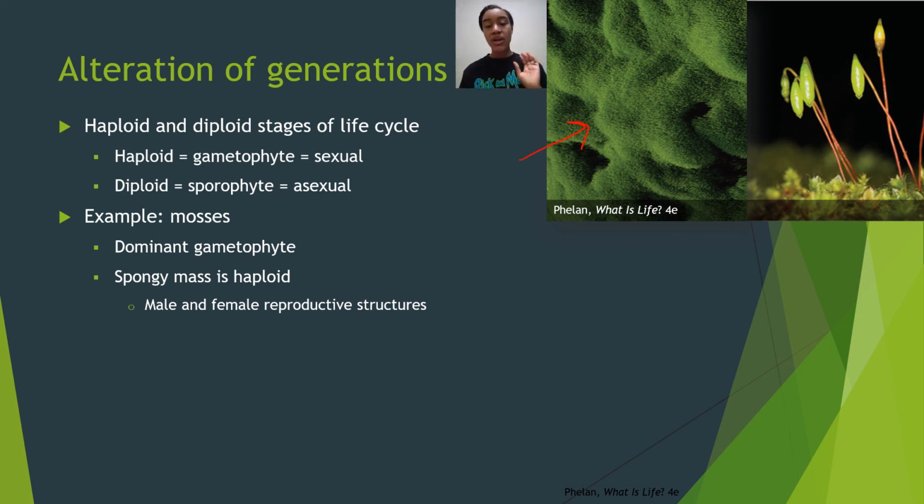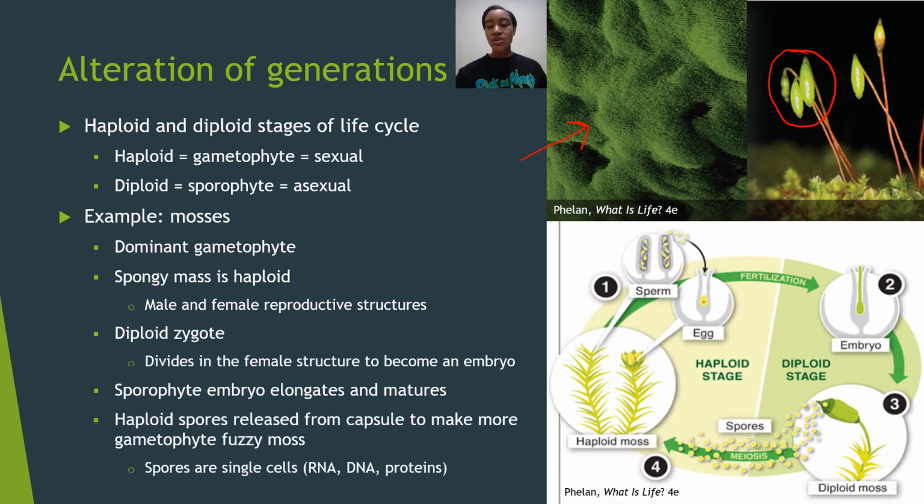The diploid element, the sporophyte, is less recognizable to us, and it actually looks like this. These projections shoot out from the mossy, spongy area into the air. That is the diploid stage. So going back, the haploid stage, the spongy material we're familiar with, has male and female structures within it.